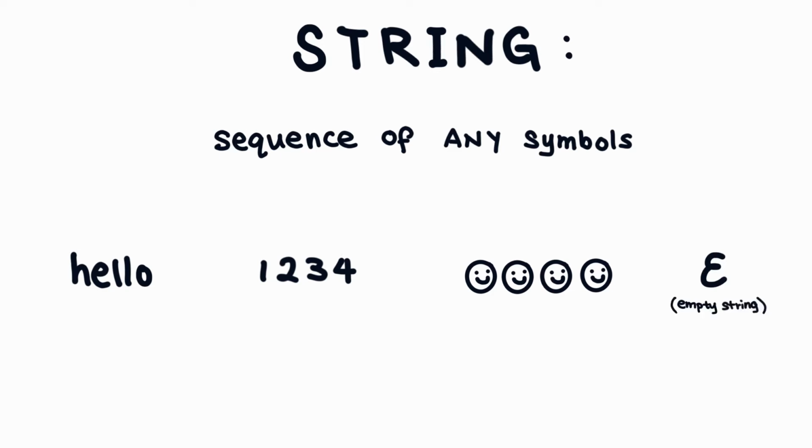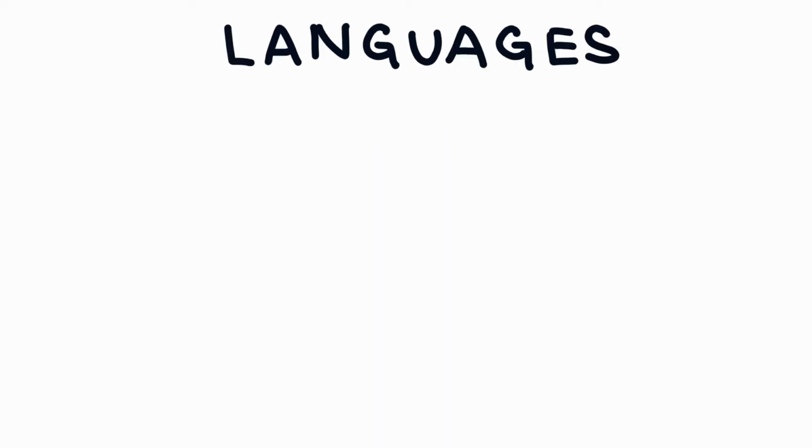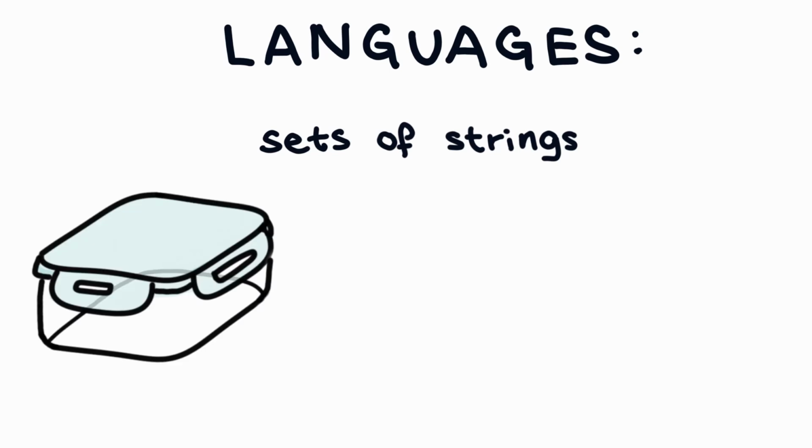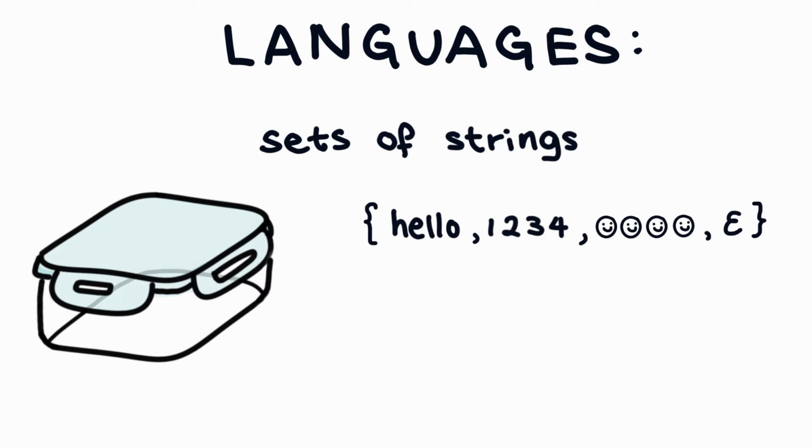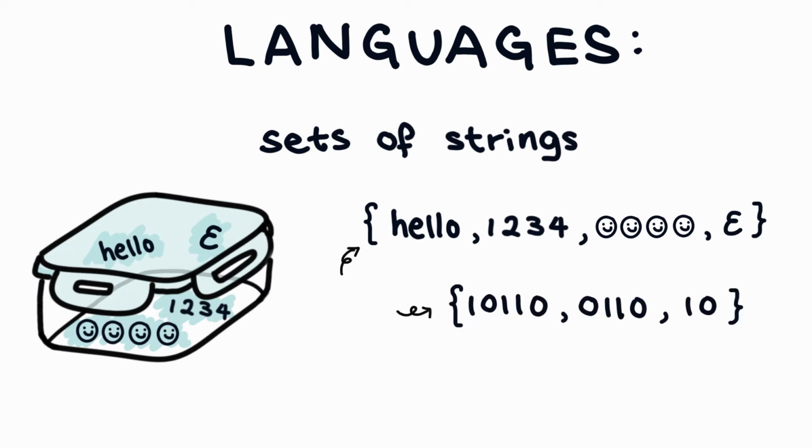Knowing what strings are, we can now construct languages, which are just sets of strings. You can think of a set like a container that you can take things in and out from, and a set of strings would be like a container of strings. So this is an example of a set of strings, and this is another example of a set of strings, and we call both of these sets languages.